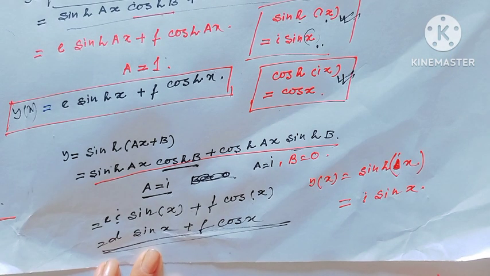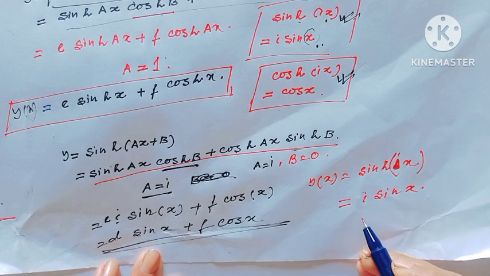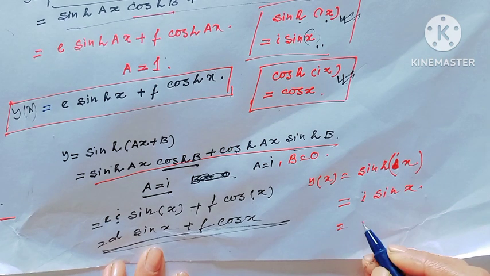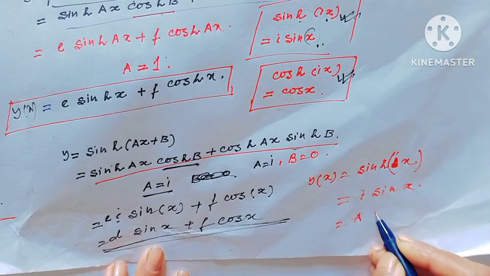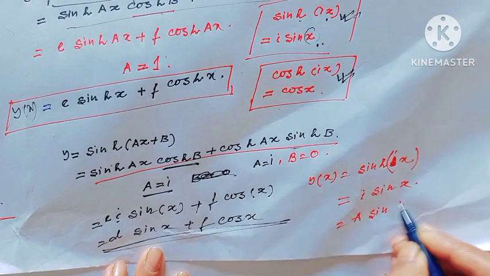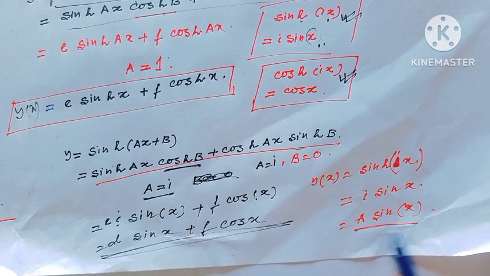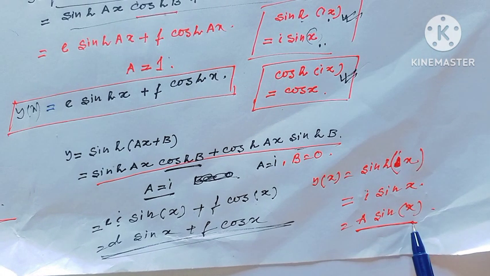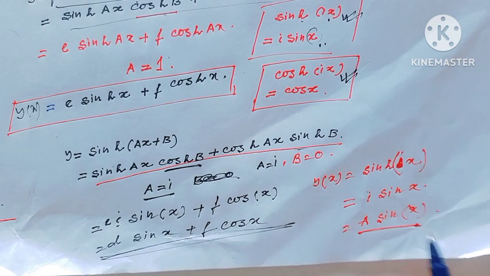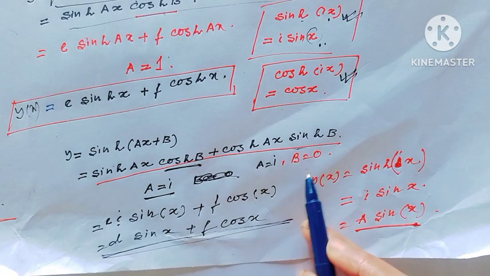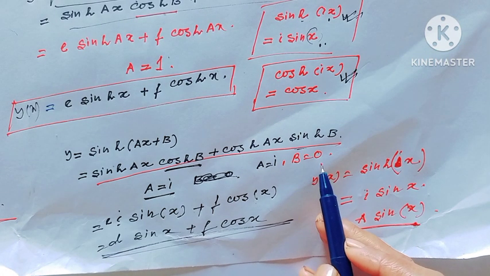And consider this part I to be constant, so consider this is capital A, I equal to constant capital A sin x. So A sin x is the extremal of this functional, because here I have got A equal to I, B equal to 0.